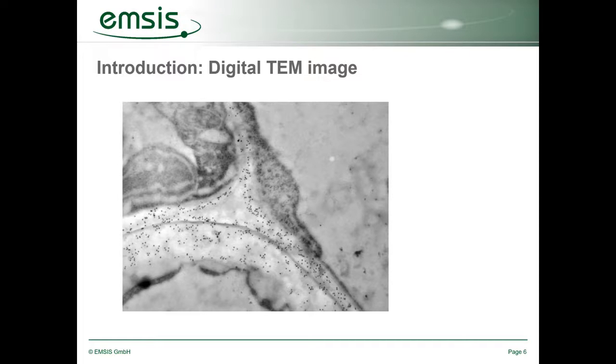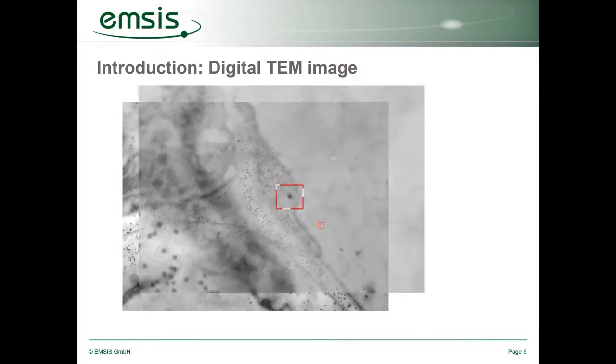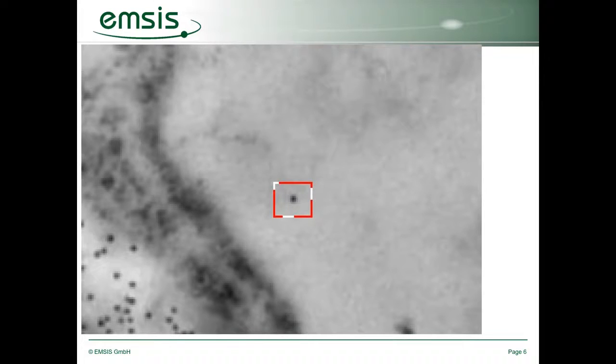If we have a look at this very simple immuno-labeling image, it's an 8-bit gray value TIFF. And again, here I can look into more detail. I have an isolated particle, and it's obvious here to see that a digital image consists of pixels.